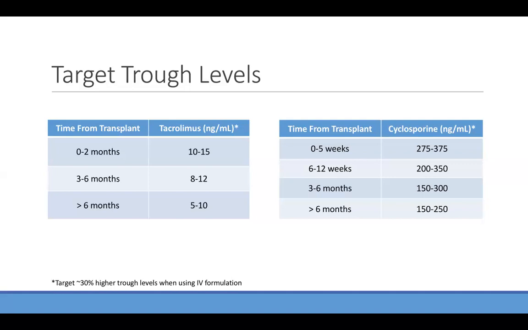Yeah, of course. And the dosing of this, I'll show you, there's an equation you can follow that you can try to calculate. But a lot of it's kind of an art because there are so many different things that can affect the tacrolimus levels. Like we've discussed, it can be drug-drug interactions. It's also metabolized through the liver, so if the patient's liver took a hit, then that can also affect the levels.